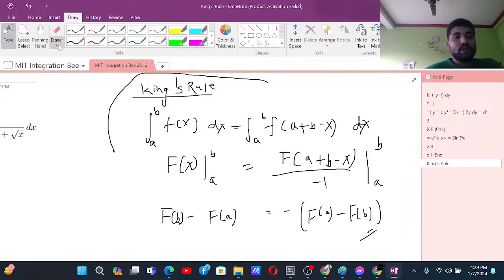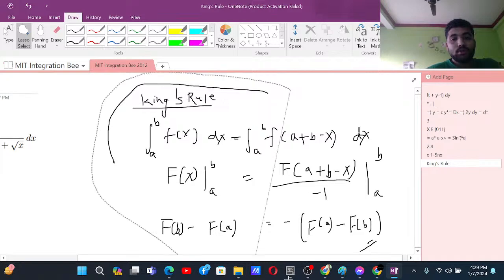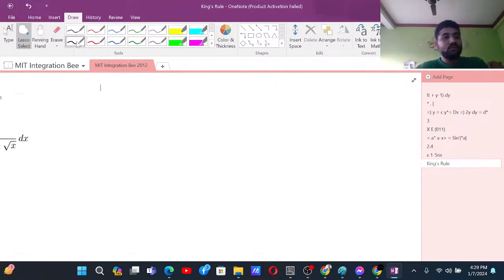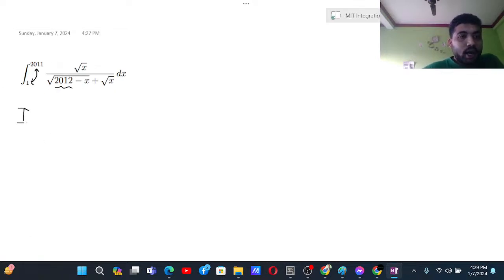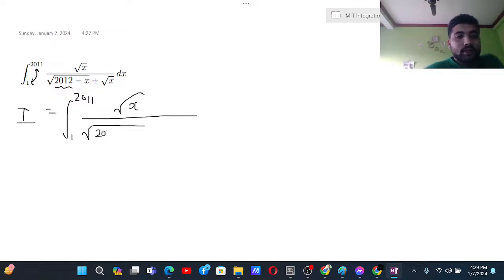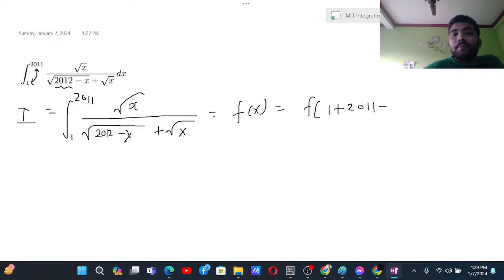Sorry, I was actually trying to use lasso. Okay, now let's try to use the property. Now I equals the integral from 1 to 2011 of root x by root under 2012 minus x plus root x. This is f of x. Now f of a plus b minus x, with a as 1 and b as 2011, is f of 2012 minus x.